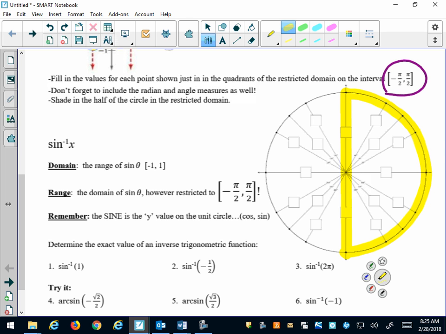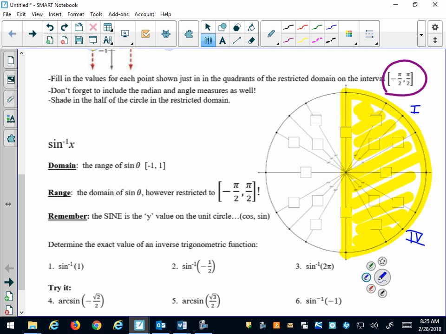On my notes that look like yours, I just lightly shaded it in, just so that you can highlight that that's the half of the unit circle that you're thinking about for the inverse of sine. Now, what two quadrants is that? 1 and 4, right? So you're just restricted to those two quadrants.